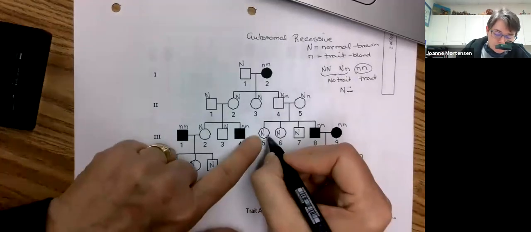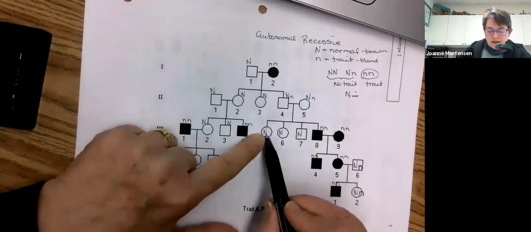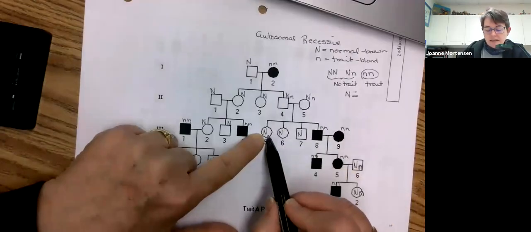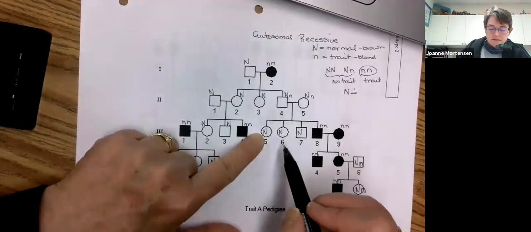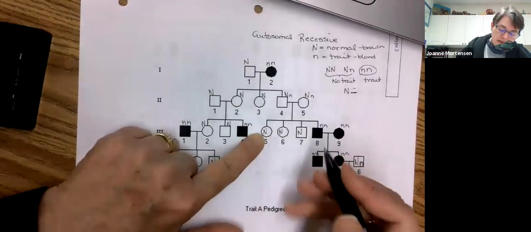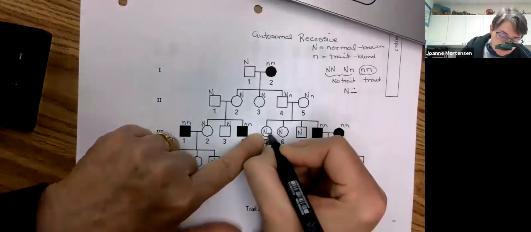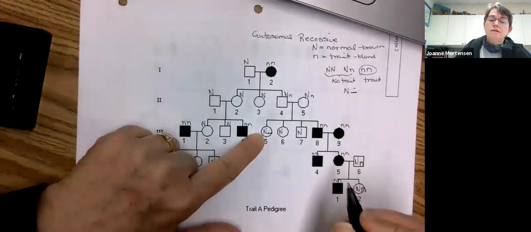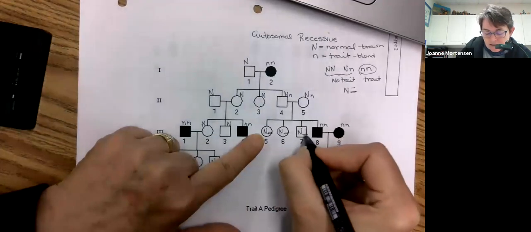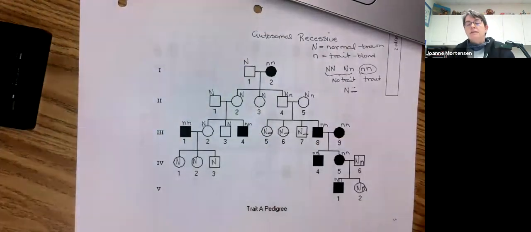I don't know, because she definitely got a capital N gene from either mom or dad, but there's nothing telling me what that second gene is. It might be a lowercase n, it might be a capital. We would need to do some kind of genetic testing or wait for these guys and ladies to have children. Once they have children, then we could see whether or not they were carriers.